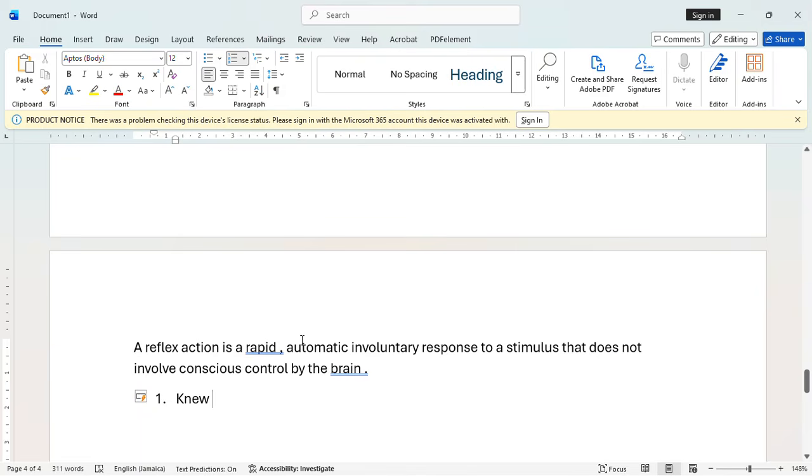Where you hit a specific part of the knee, the patellar tendon, you tap it and your foot does kick out. When you go to the doctors, they test it.